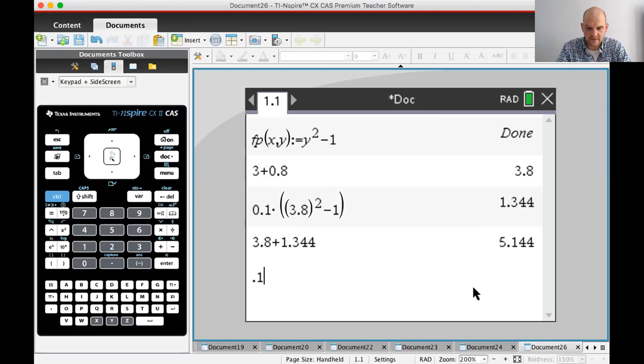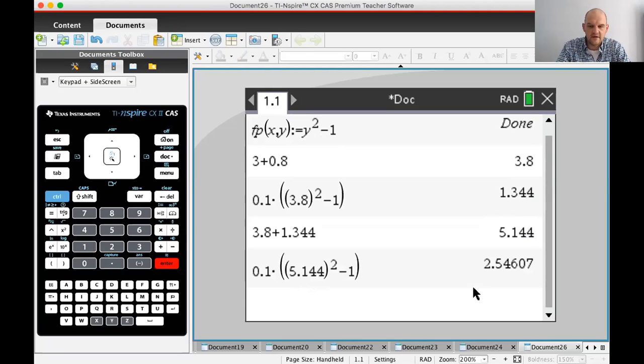I need 0.1 times the previous answer squared minus 1, and I get 2.546. So 0.1 times 5.144 squared minus 1 is 2.546.